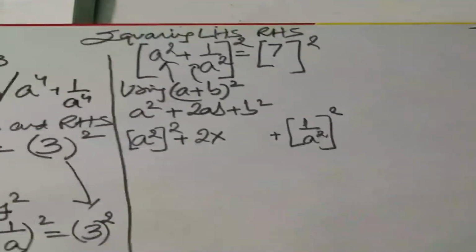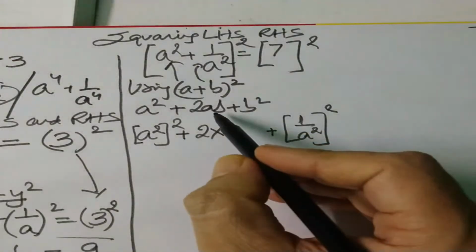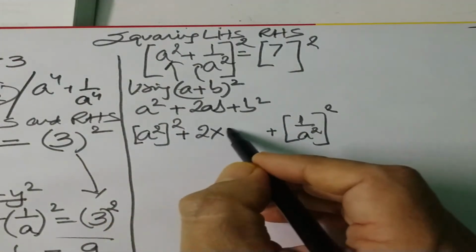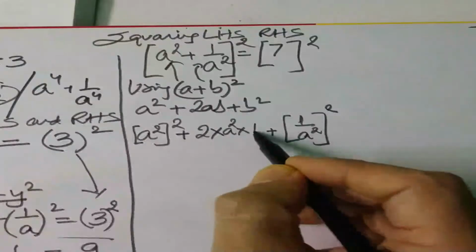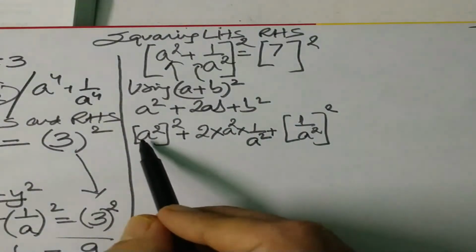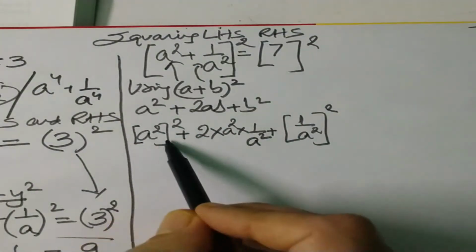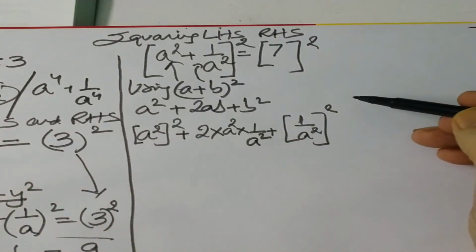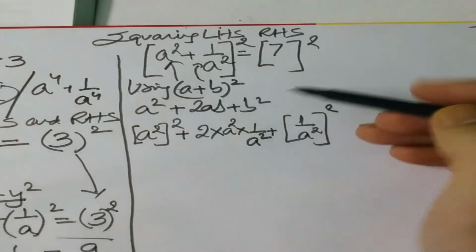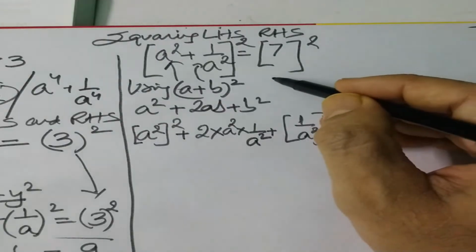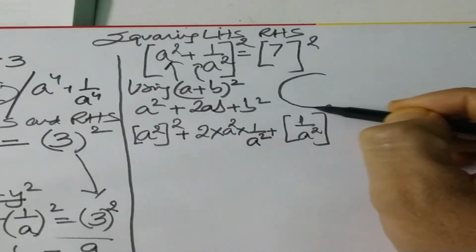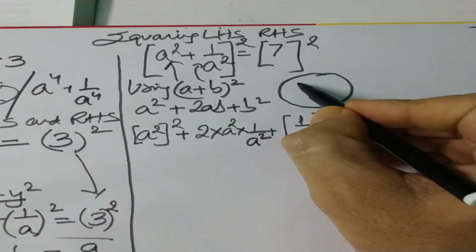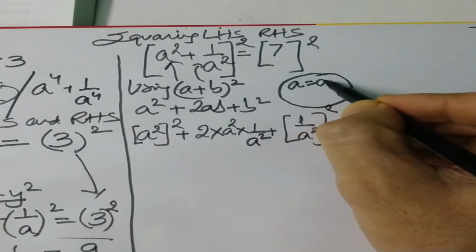So what will be 2ab? 2 into this into this. The value of a is a².